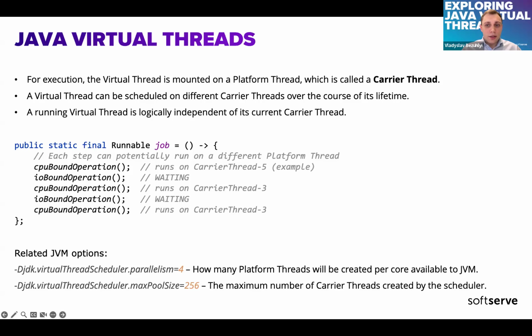So when it encounters a blocking operation, the Java runtime detects this blocking. This was part of the huge refactoring they did to the JDK to support this. And examples of blocking operations include waiting for network responses, file reads, database queries.